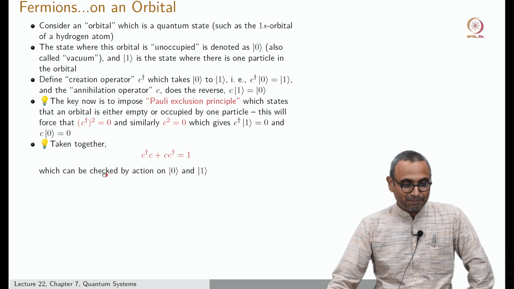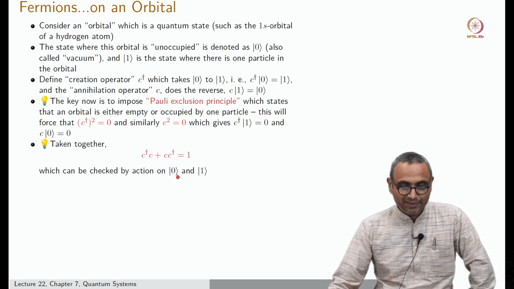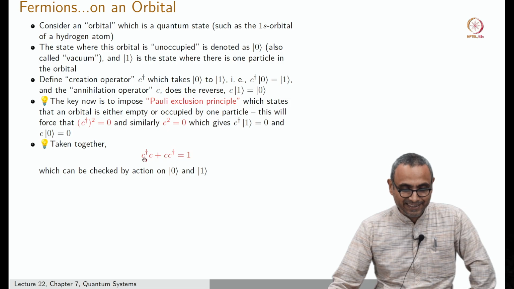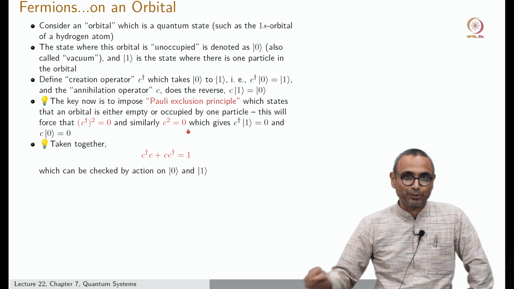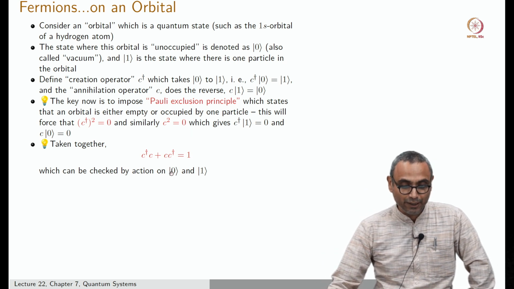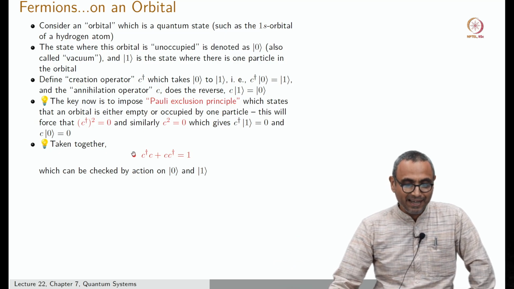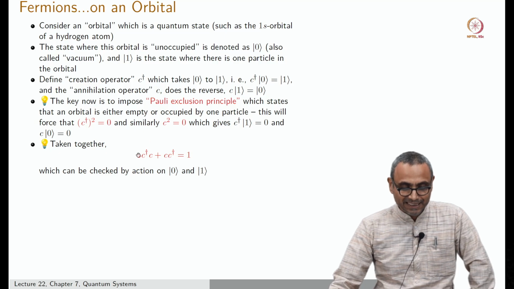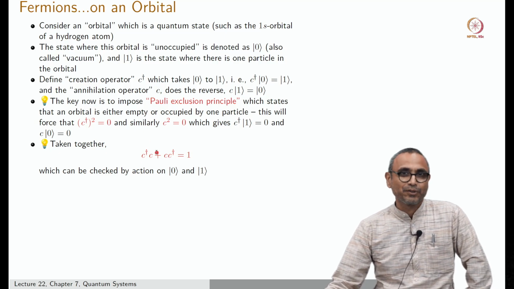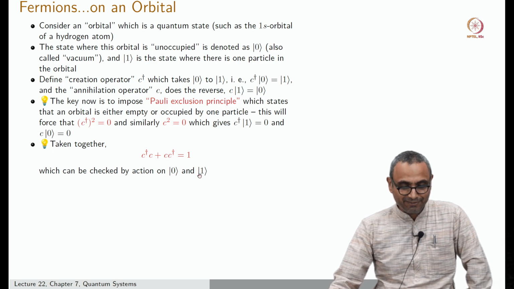How do we see this? You just hit the left hand side on 0. When it acts on 0, C dagger will take it to 1 and C will bring it back to 0, while the other term gives 0 itself. So the action of this on 0 will be like multiplying by 1. You will get the state 0 back. And the same thing happens with the state 1, where this object will act and give you the same state back, whereas this object will kill this state.